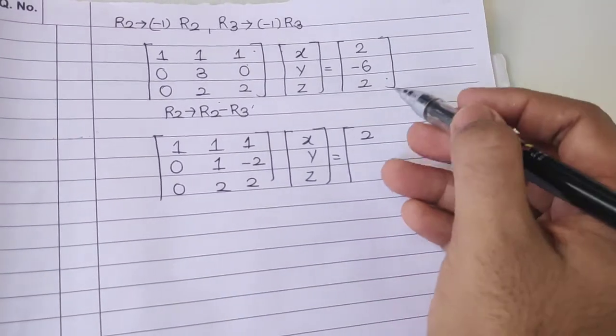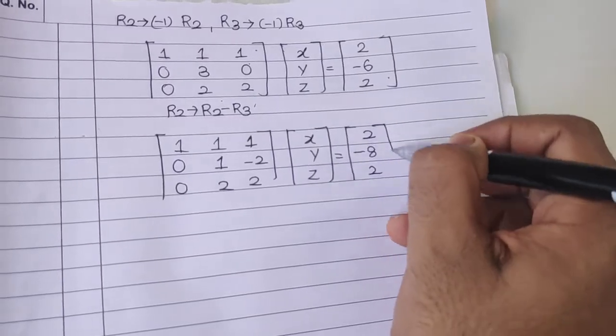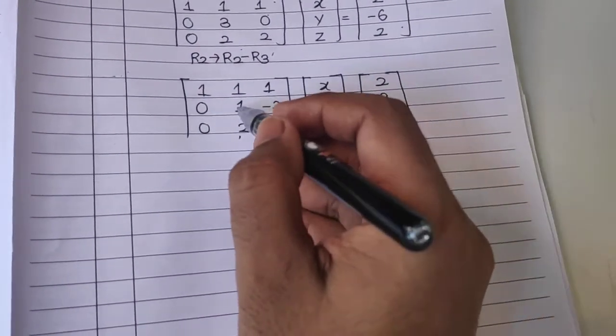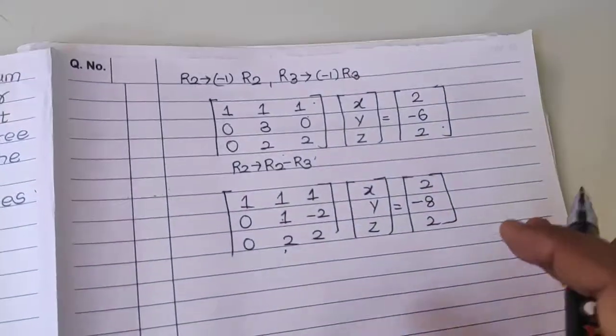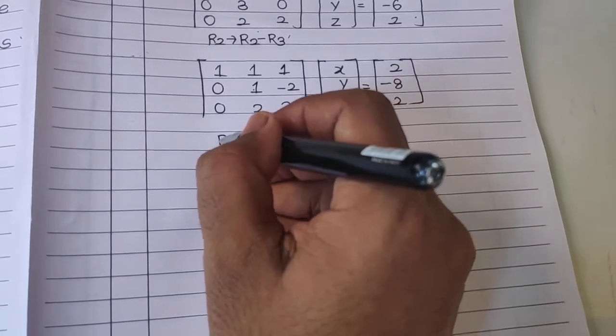R2 minus R3, so minus 6, minus 2, minus 8, and this will be 2. And now we can make this very easily 0 because we got a 1 obtained here. If I have seen inverse properly, there should not be a problem with this question.